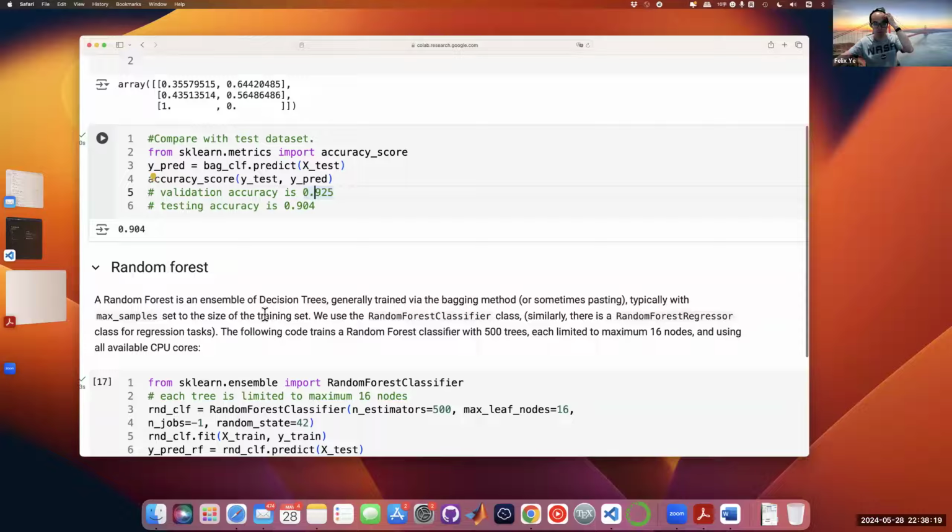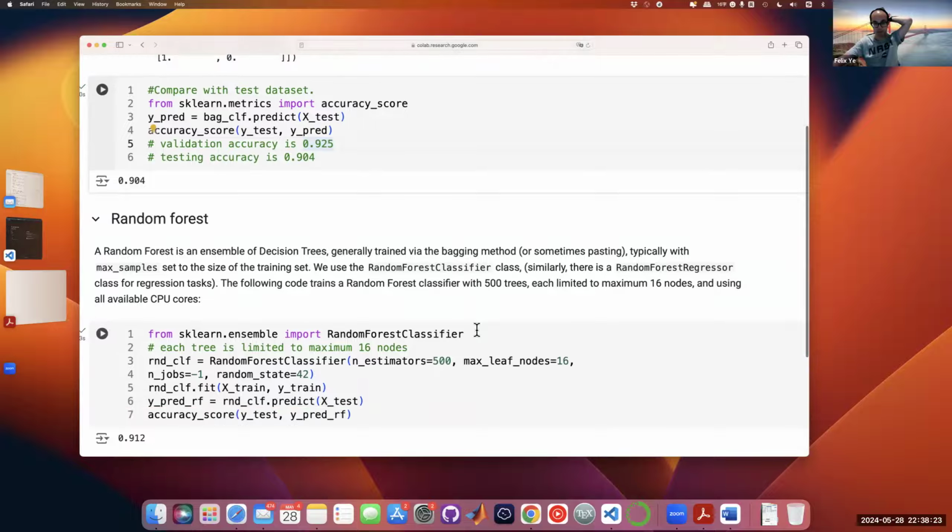And also what is different is that we don't just take the whole set of features. If we have 10 different features, I only take a subset of features. This further introduces randomness.